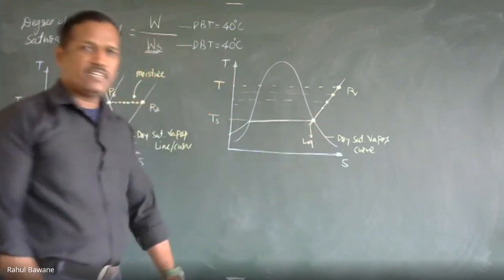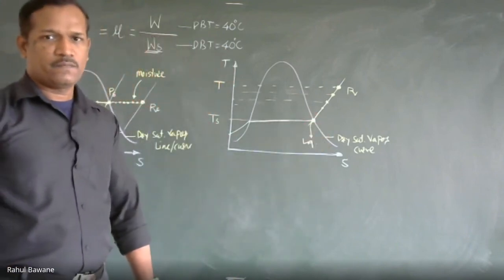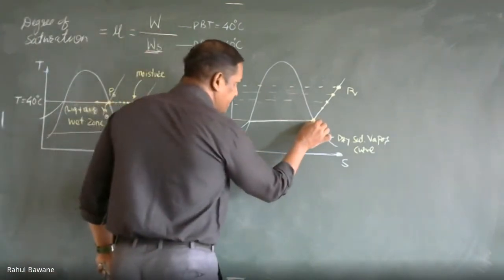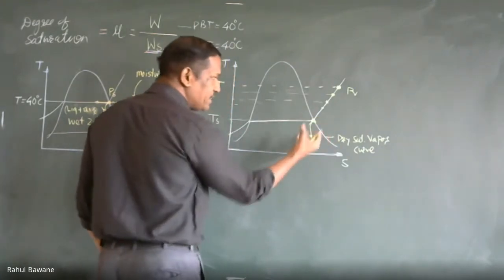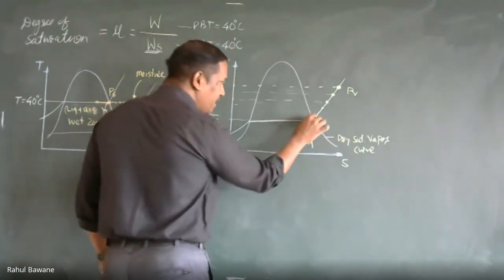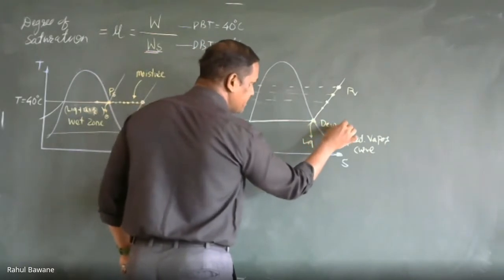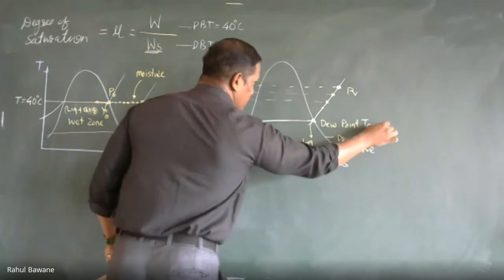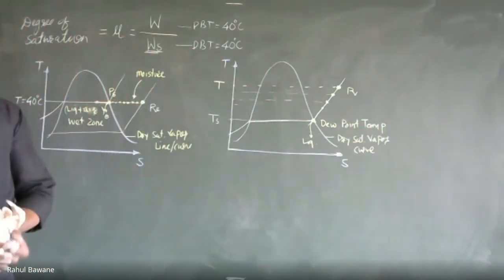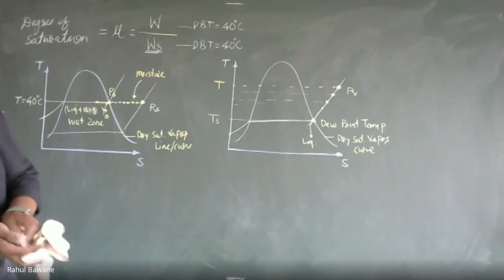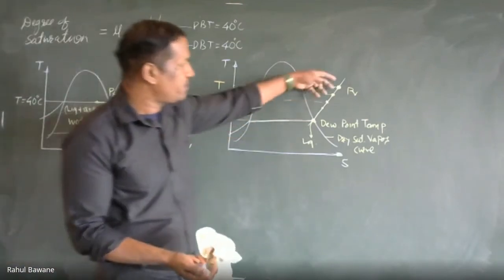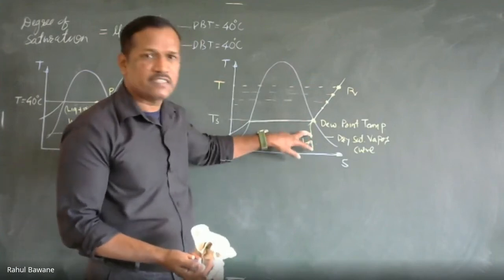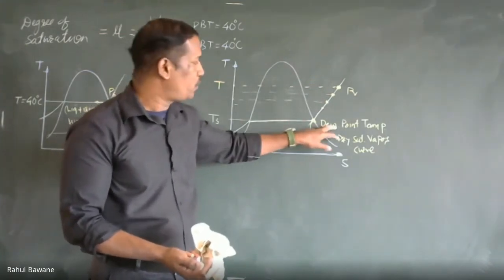That means moisture gets condensed. So the temperature where moisture, water vapor, gets condensed, that is called dew point temperature. So the dew point temperature is the temperature at which the water vapors start condensing. Liquid conversion takes place. That is the dew point temperature.